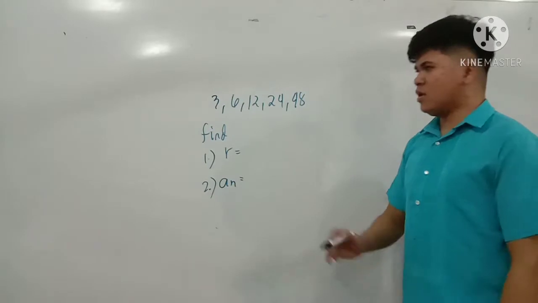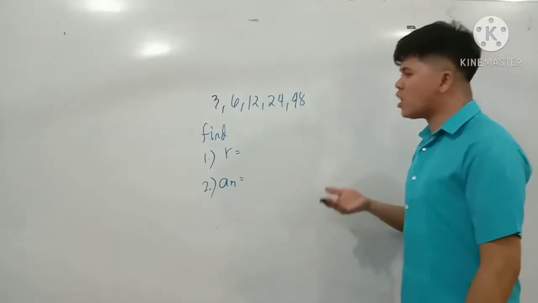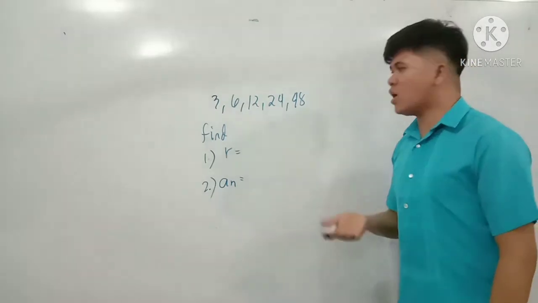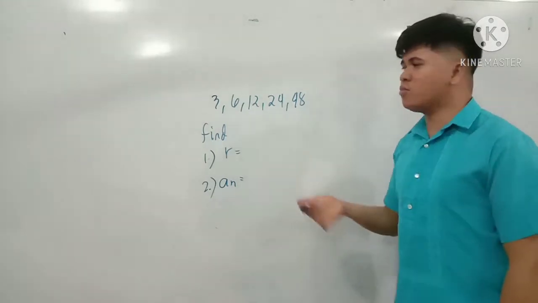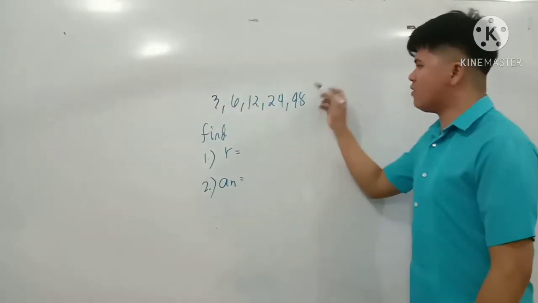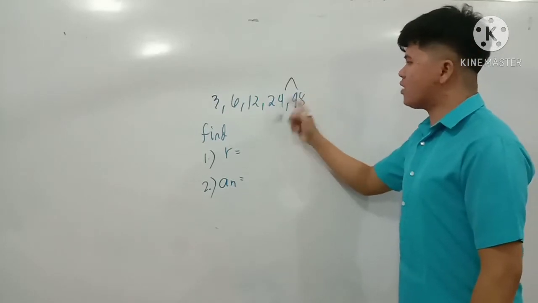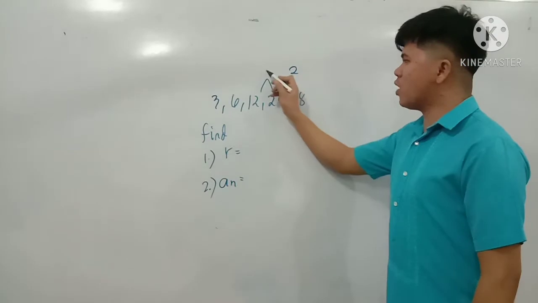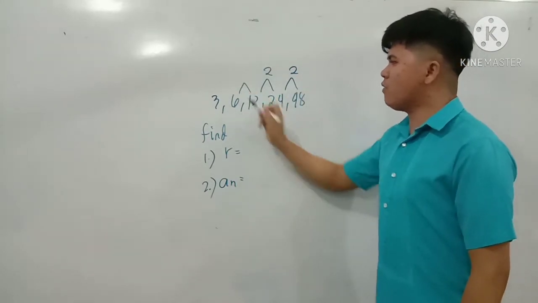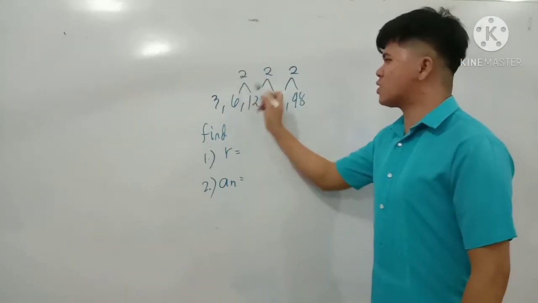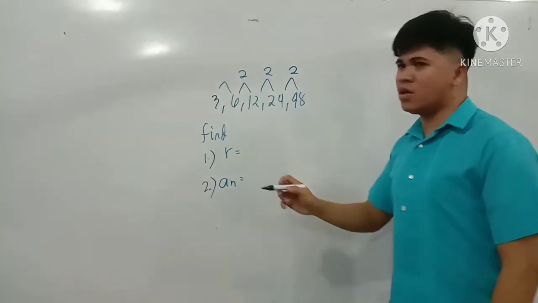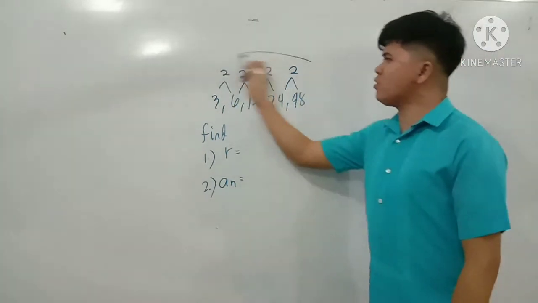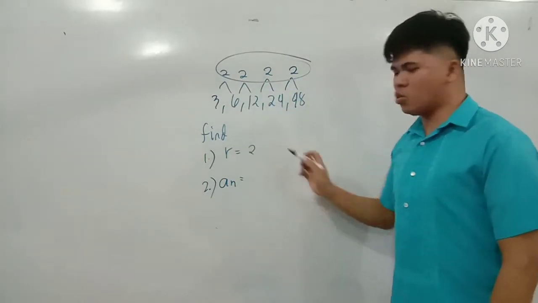Again, in order to obtain the common ratio, we always divide the terms from last to first. So we divide. 48 divided by 24 gives us 2. 24 divided by 12 also gives us 2. 12 divided by 6 also gives us 2. And 6 divided by 3, the quotient is 2. Therefore, our common ratio is simply 2.